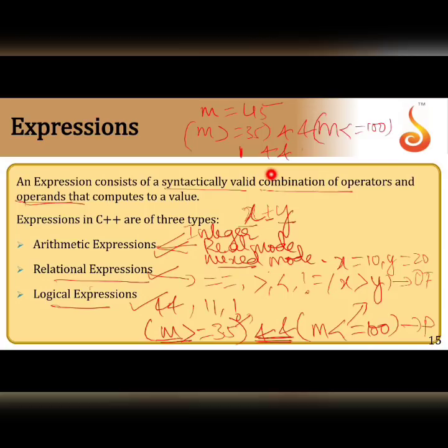Again this also evaluates to a true value. 1 and 1 gives true for an and. If it is 25, then it evaluates to 0. This evaluates to 1. 0 and 1 is false, 0. So this is an example of logical expressions.